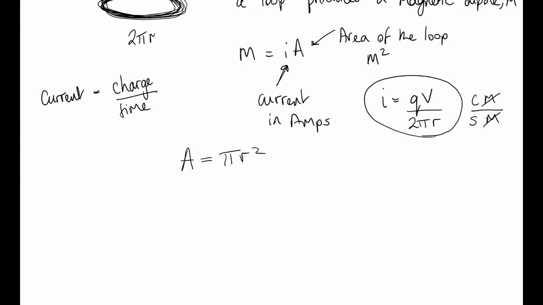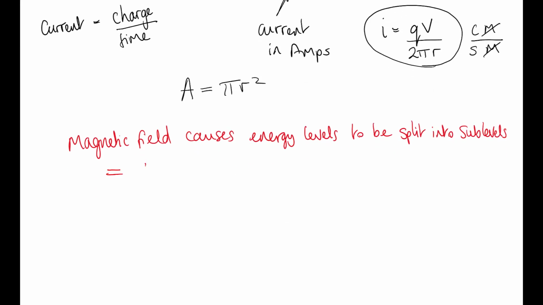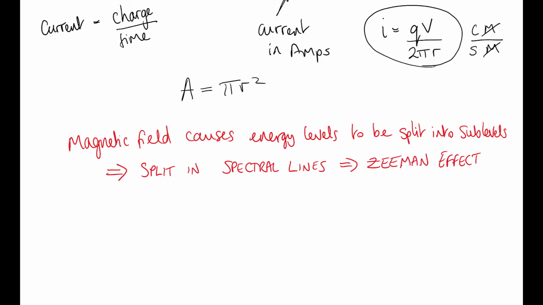Let's remember that a magnetic field causes energy levels to be split into sublevels. In other words, we can see a split in spectral lines. So this is the Zeeman effect. All our experimental observations are done in spectroscopy. So that was the context.